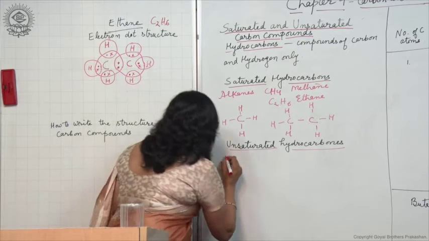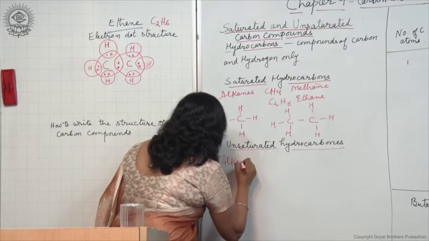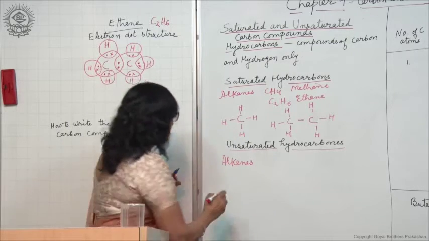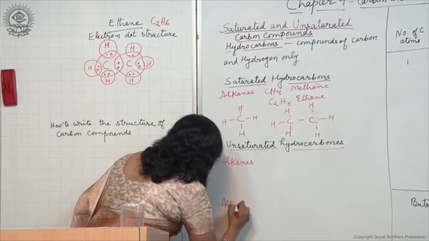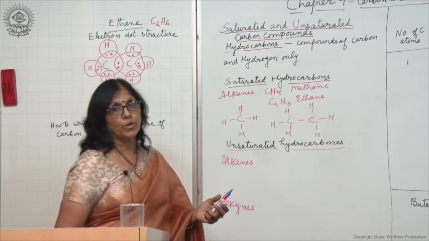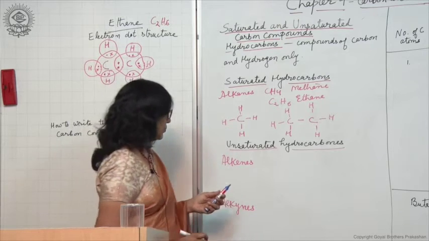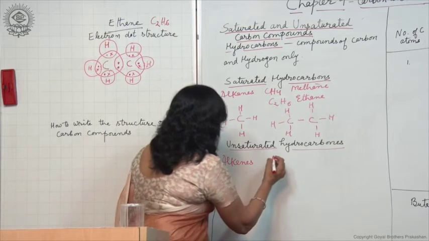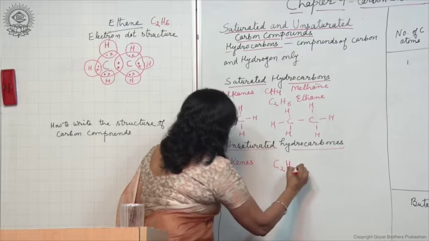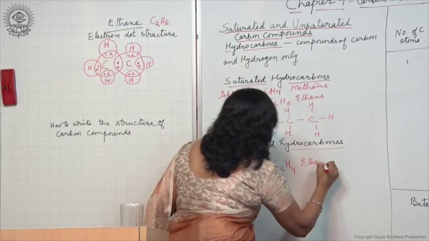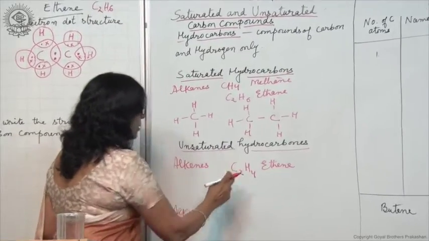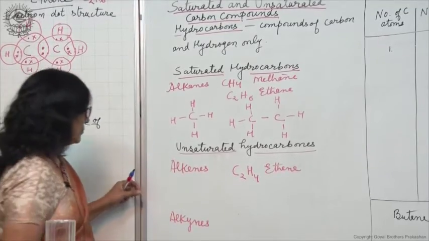Unsaturated hydrocarbons are alkenes, in which there is a double bond between the carbon atoms, and alkynes, in which there is a triple bond between the carbon atoms. Alkenes, for example, ethene, propene. The first member of alkenes is ethene.